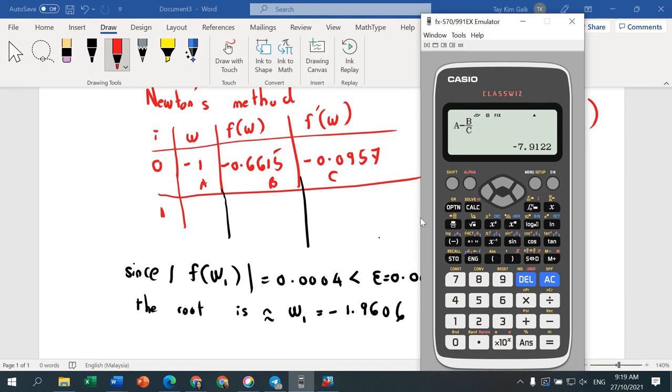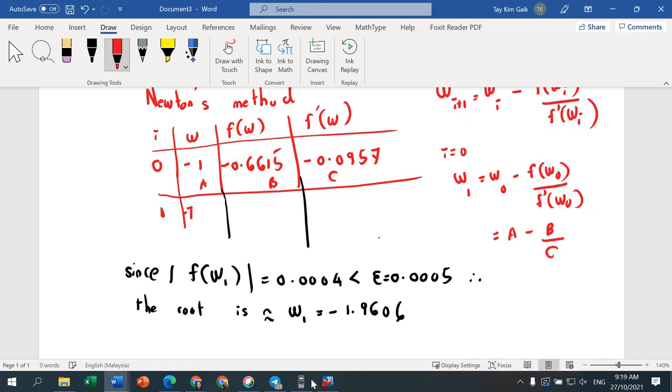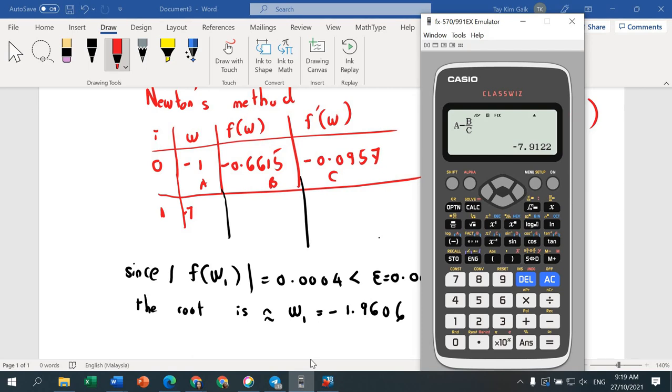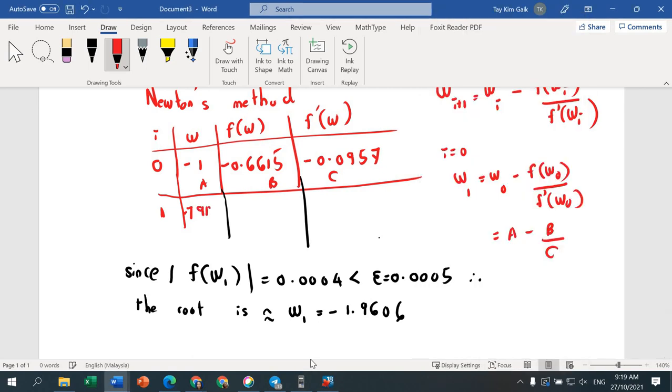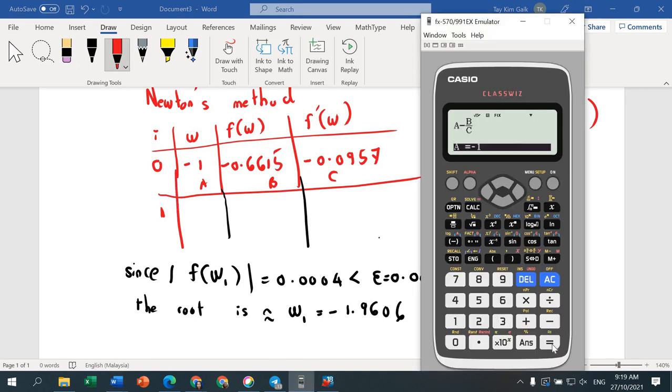So far I calculate wrong. Negative 7.9122. Check whether I calculate correct. A -1, B negative 0.6615, C negative 0.0957.